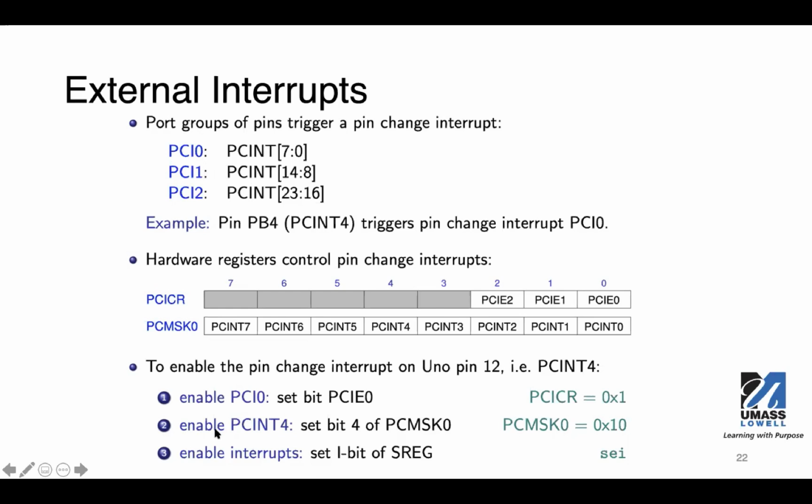The second step is to enable this pin change interrupt 4, which is one of these 8 pins in this group. So we'll set bit 4 of this mask, the pin change mask 0. We'll assign 10 hexadecimal to this register. So 0, 1, 2, 3, 4.